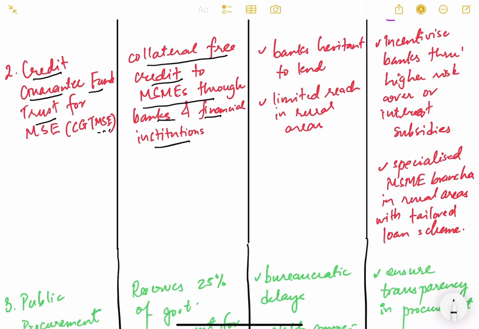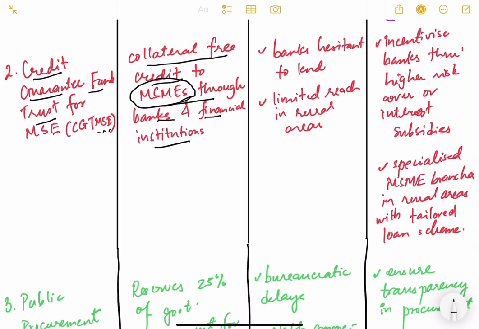So that is the objective, to provide collateral free credit to MSMEs through banks and financial institutions. That is another scheme. Now this may be for existing MSMEs. So existing MSMEs can get access to institutional credit through this.